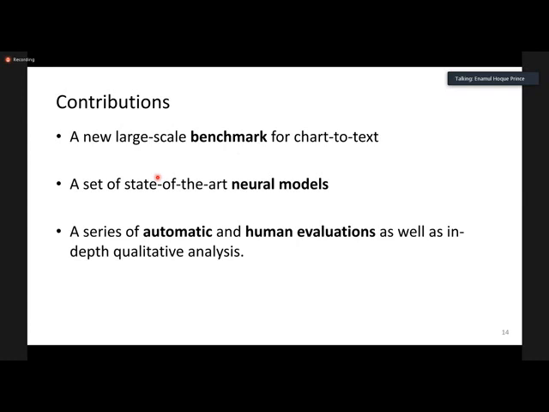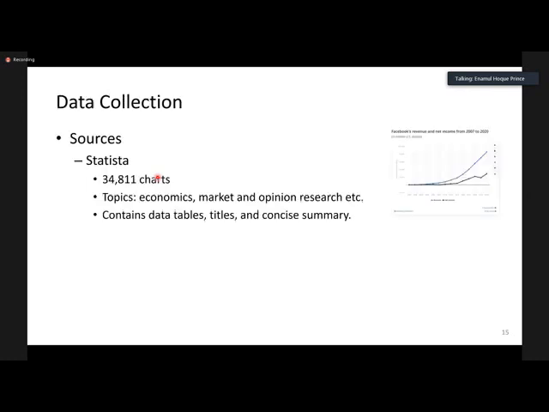In order to collect this data, we started with various possible sources online, including Statista and Pew, which we found to be quite suitable for this task. There are actually not many sources where you will find both a chart and the corresponding summary, so we found that Statista was quite suitable in this case.